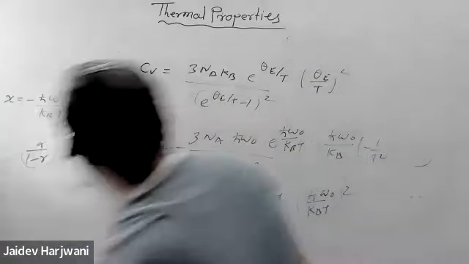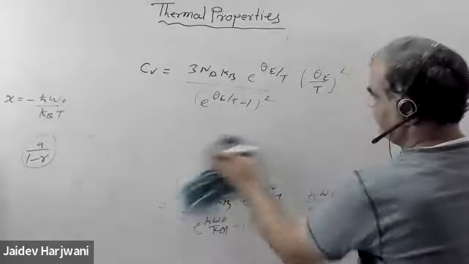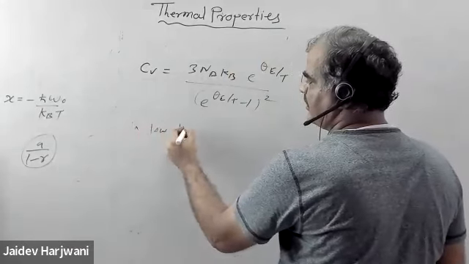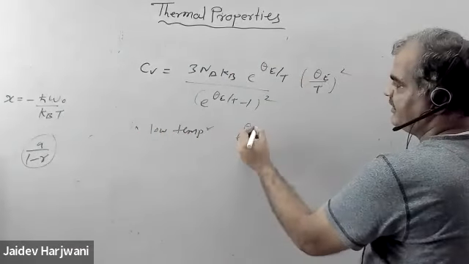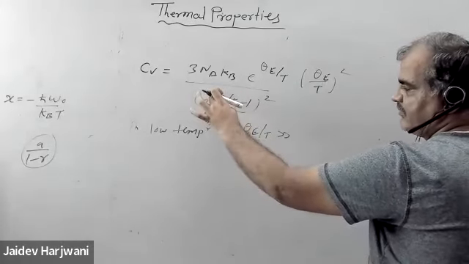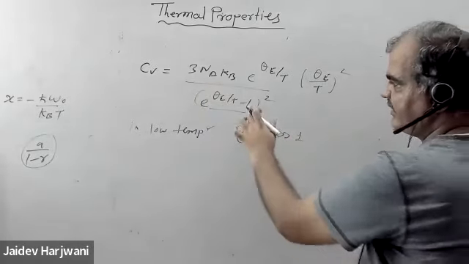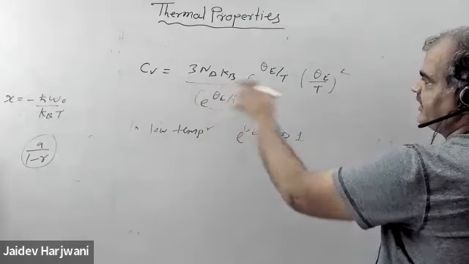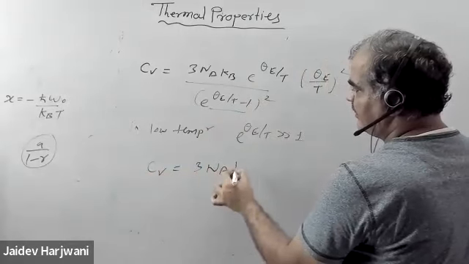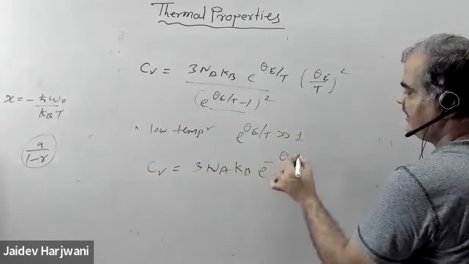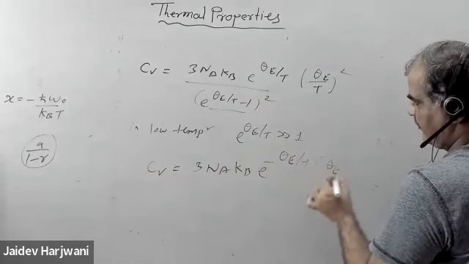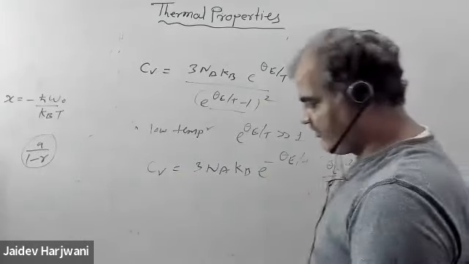Now when I'm applying the low temperature limit, e power theta e by t is greater than 1, because this is a low temperature, so I can neglect the 1. So I will be left with 3 Na kb e power minus theta e upon t, theta e upon t square. This is the final expression.